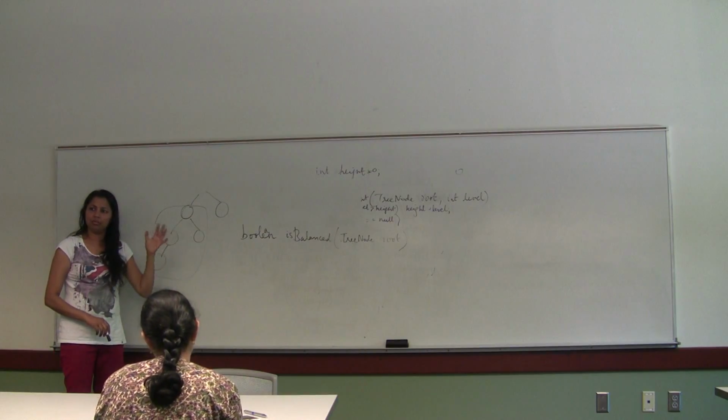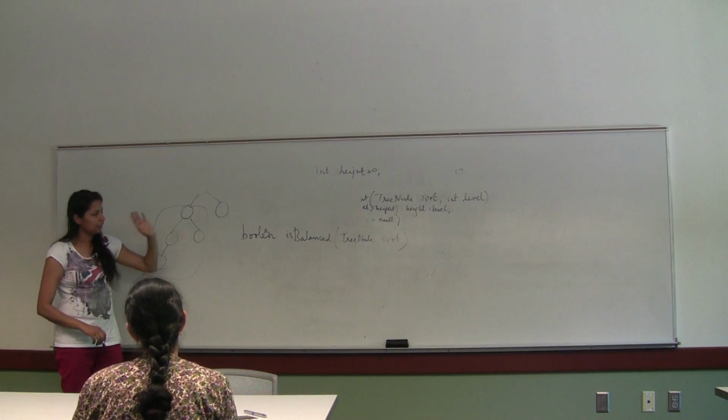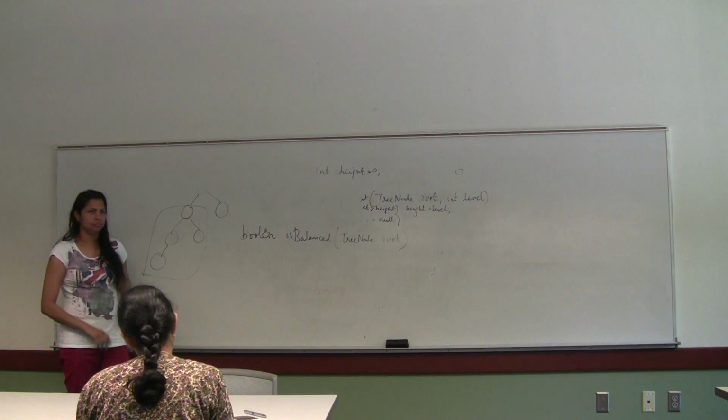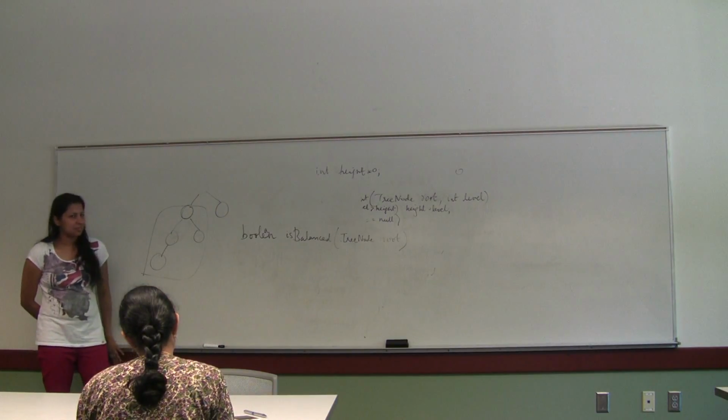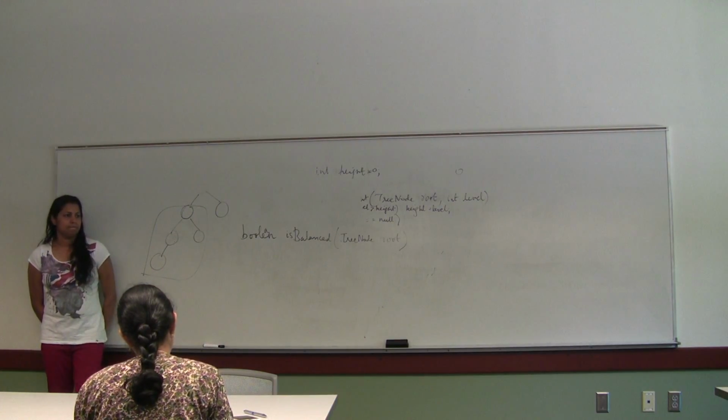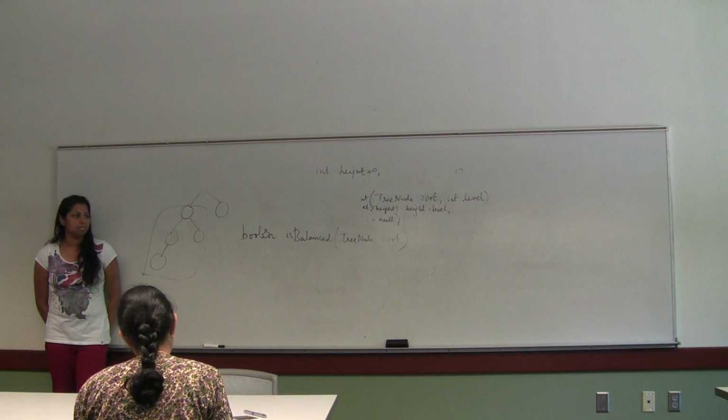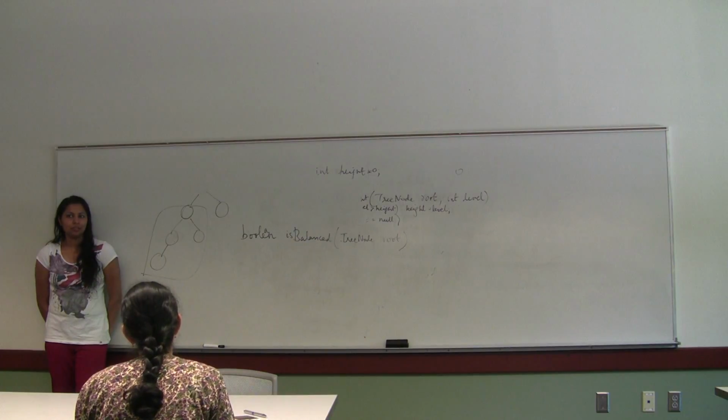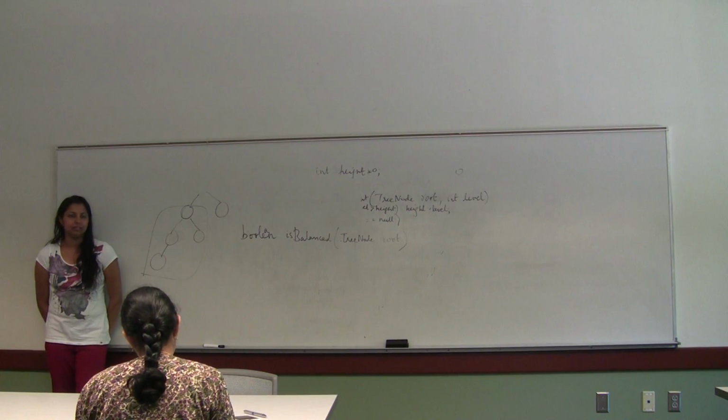Use your knowledge of the height of the tree to write this function, to say whether it is balanced or not. Recursively, iteratively, or doesn't matter? Right now I have no constraints. I have thought of it recursively.